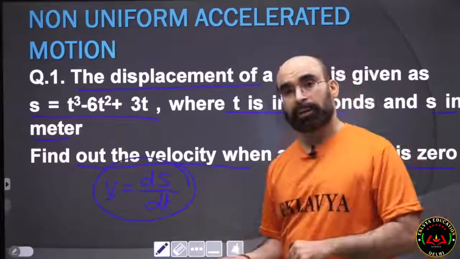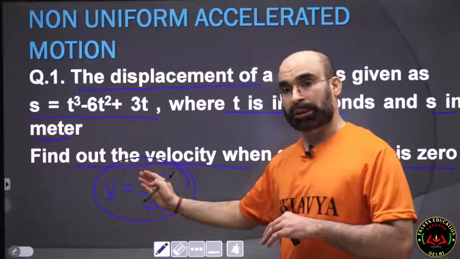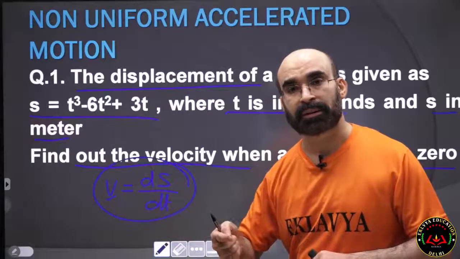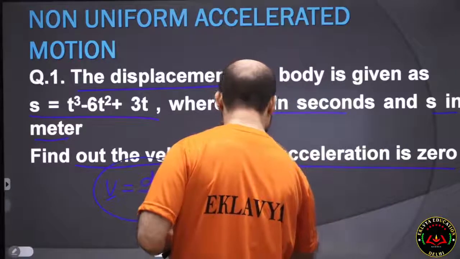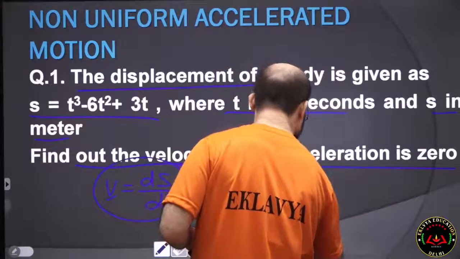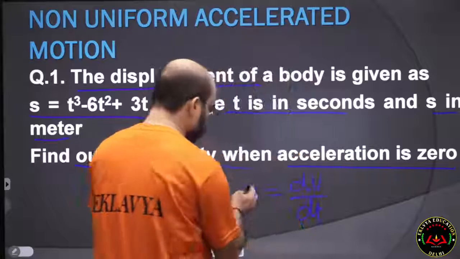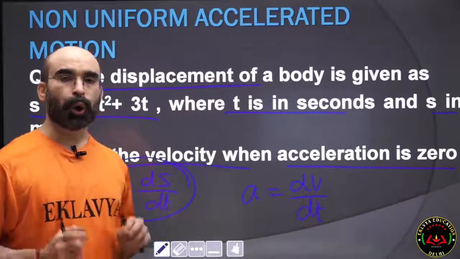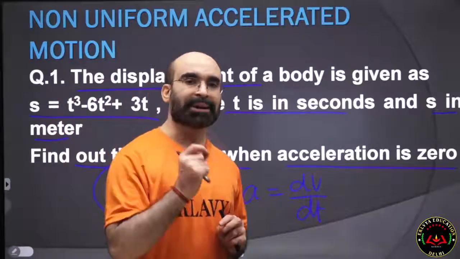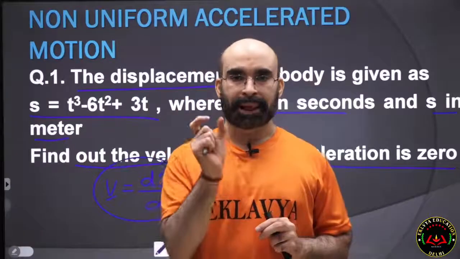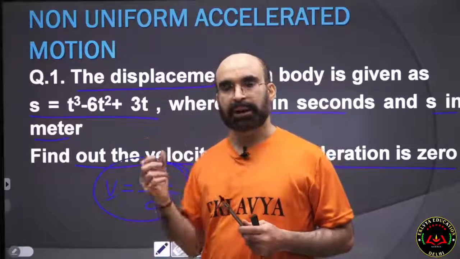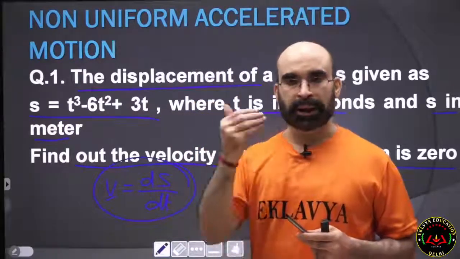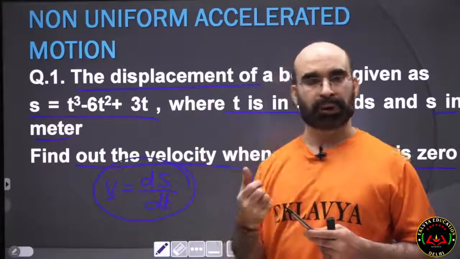So again, with respect to time, you need to differentiate v. So acceleration equals dv by dt. Whatever value would come here, you will put that value to be 0, and then since acceleration will be obtained in terms of t, the t value would be known to us.